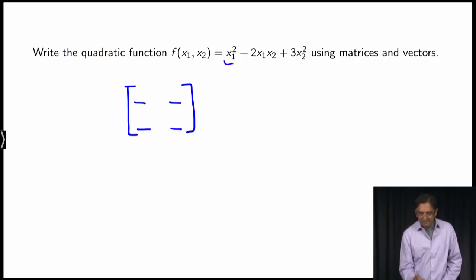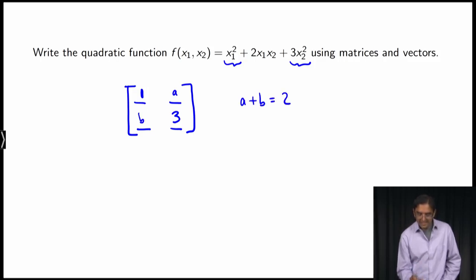Now, just from the fact that the leading coefficient here is a 1, we know that this must be a 1. From the fact that the coefficient for x2 squared is a 3, we know that this must be a 3. But it's not clear what these two numbers have to be, so let's just call them a and b. What we know is that a plus b has to be equal to 2.